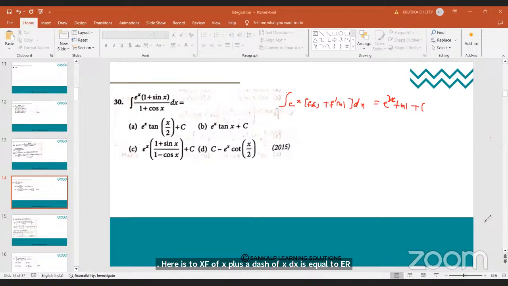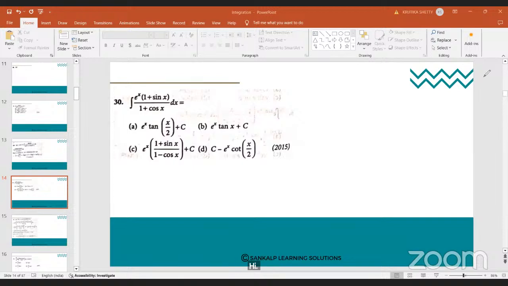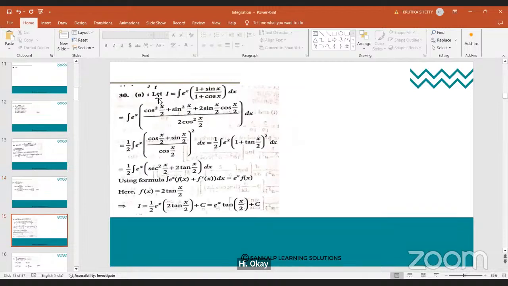Next, pay attention. So I is equal to integration of e raised to x into (1 plus sin x) upon (1 plus cos x) dx. In the denominator, 1 plus cos x, we are replacing it as 2 cos square x by 2.